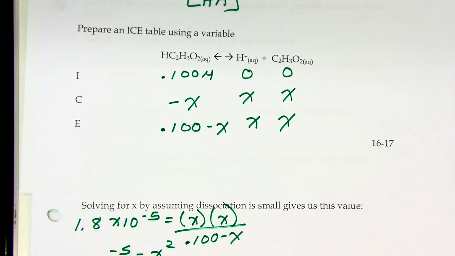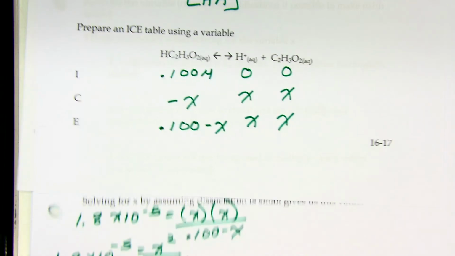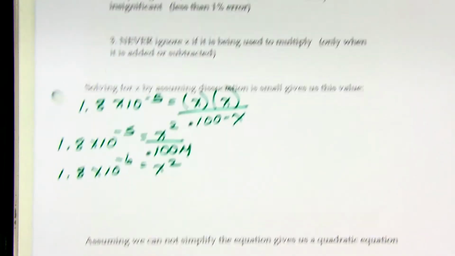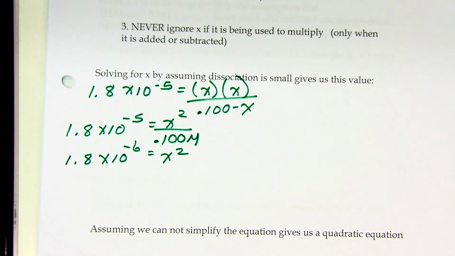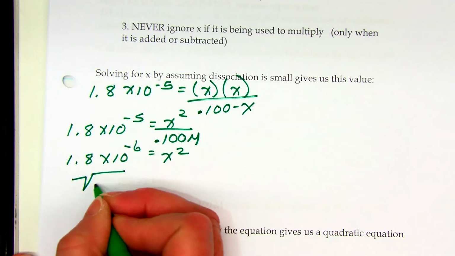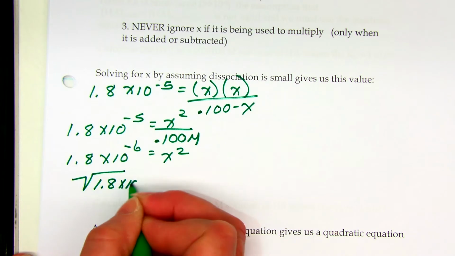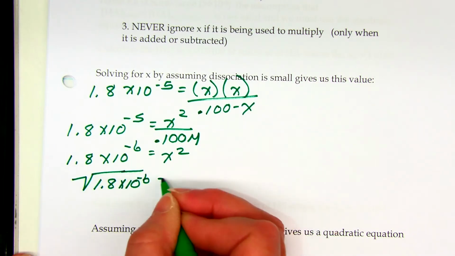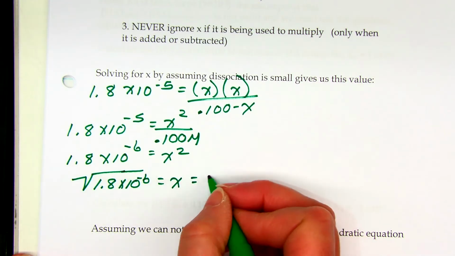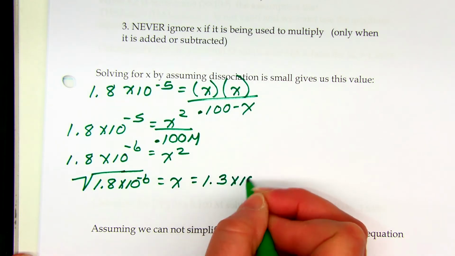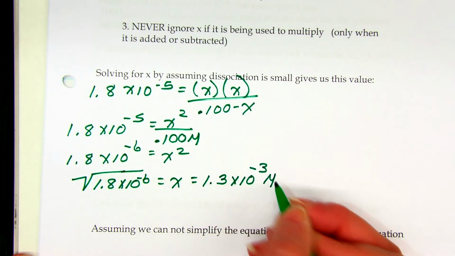So now we rearrange by multiplying, so 1.8 times 10 to the negative sixth is equal to X squared. So the square root of 1.8 times 10 to the negative sixth is equal to X, and that's equal to 1.3 times 10 to the negative third molar.